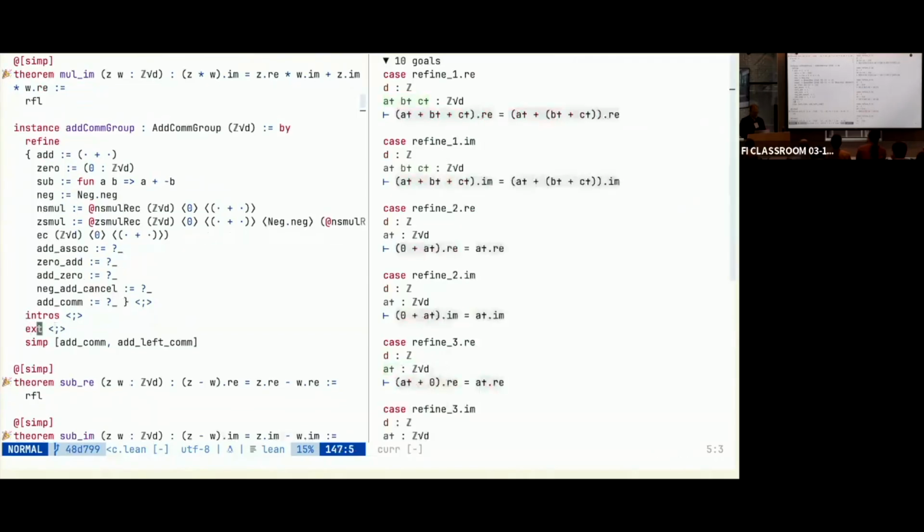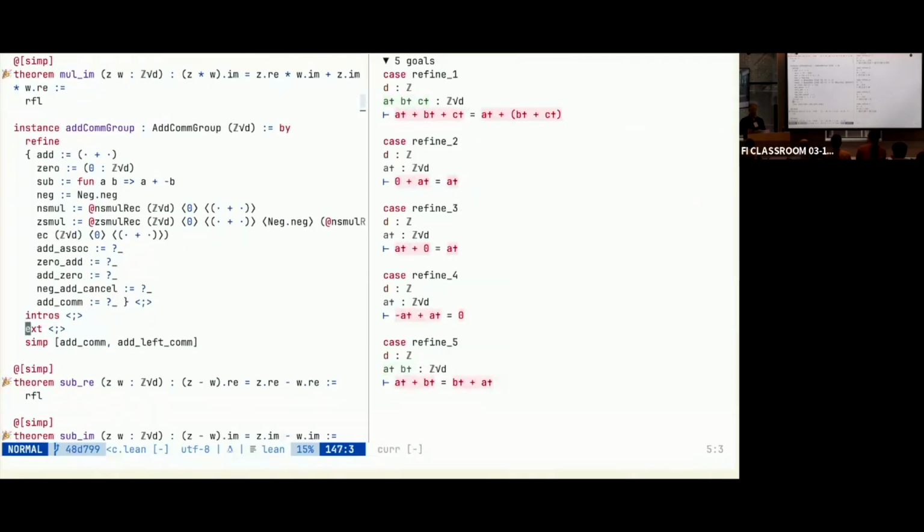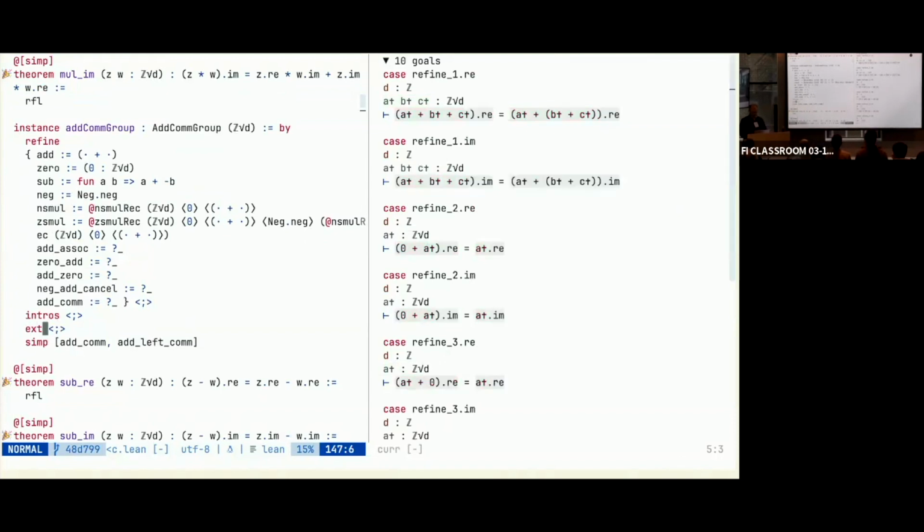And now these symbols mean try to prove everything at the same time. There is a next that says two numbers are equal by ext if and only if the real parts are equal and the imaginary parts are equal. So ext says now you have to prove that the real parts are equal and so on, and again this symbol says do that all the time at the same place. Now you have 10 goals to prove, because there were 5 theorems, and twice, one for the real part, one for the imaginary part.